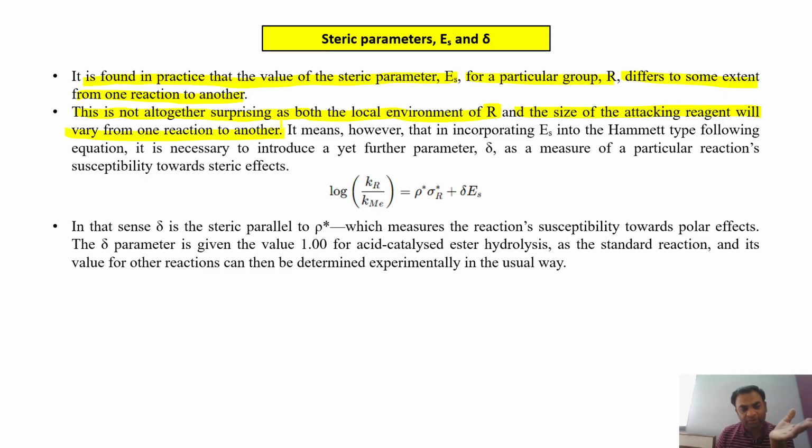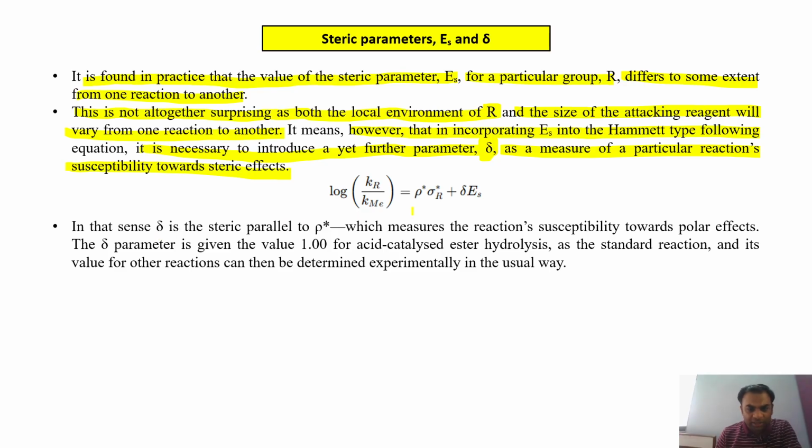As the reaction changes, the steric effect of the attacking reagent also changes. It means that, in incorporating ES into the Hammett type Taft equation, it is necessary to introduce yet a further parameter, delta, as a measure of a particular reaction's susceptibility towards the steric effect.